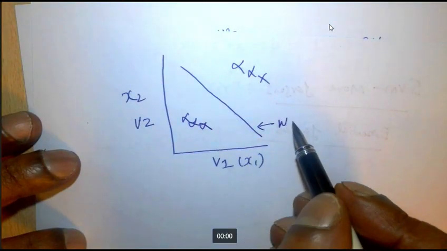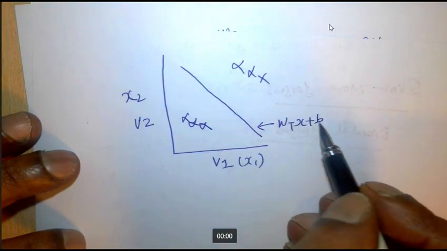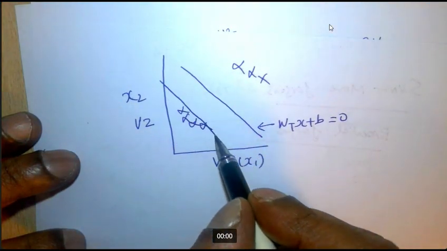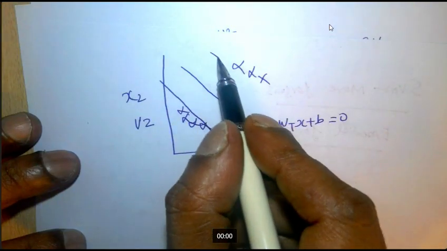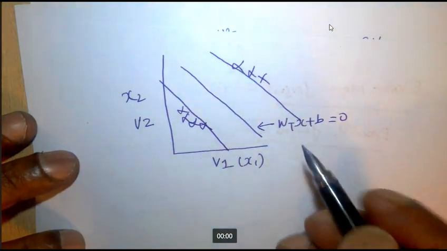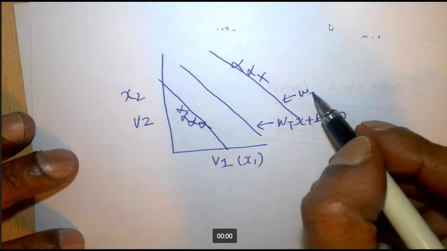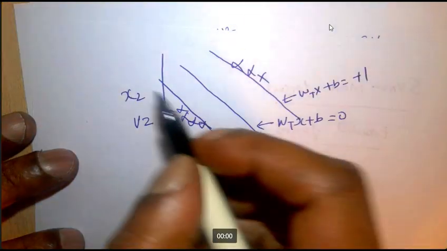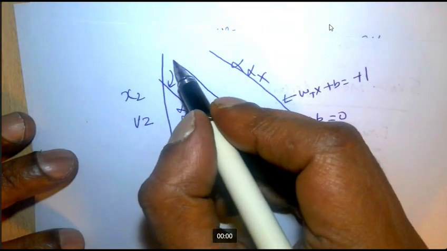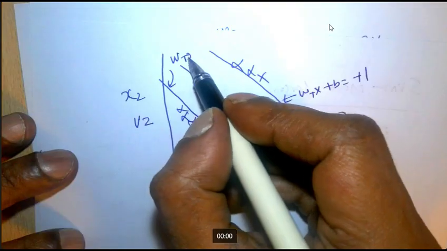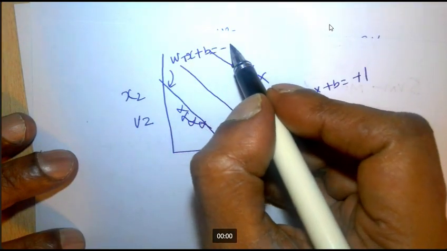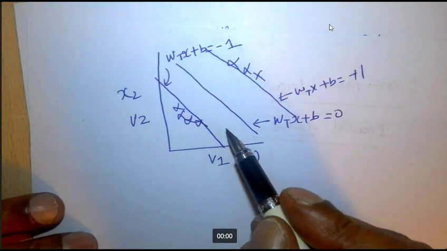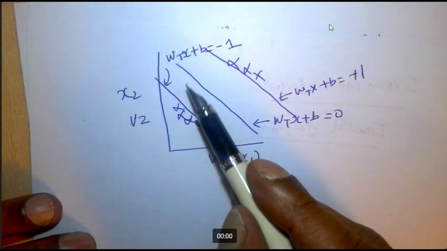We know the equation of the hyperplane is w^T x + b = 0, and let's say we have one support vector and another support vector on the other side. On one side w^T x + b = +1, and on the other side the equation of the support vector is w^T x + b = -1. So we have three linear equations here, and we have to calculate the distance between these two margins.